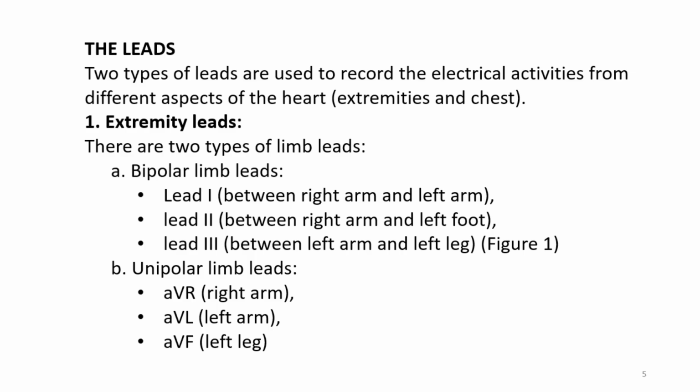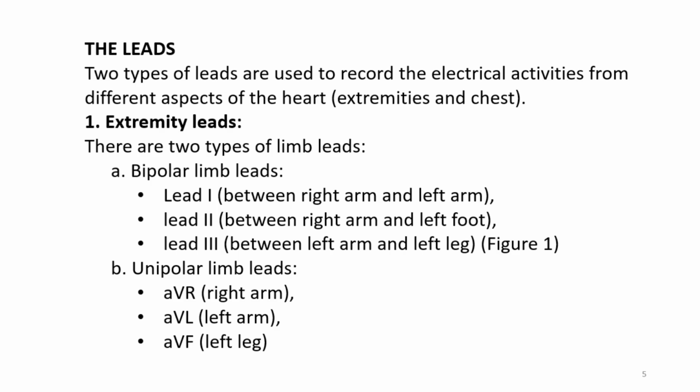And unipolar limb leads. Augmented voltage right. In this recording, other extremities are connected via 5000 ohm resistance, and the exploring electrode is connected to an extremity. Others are combined.